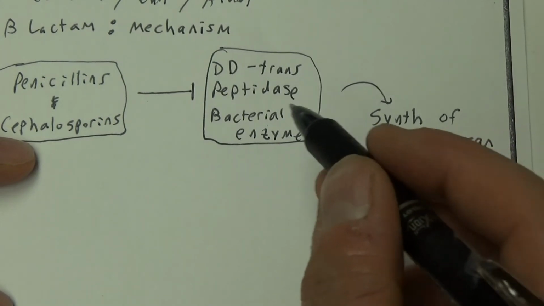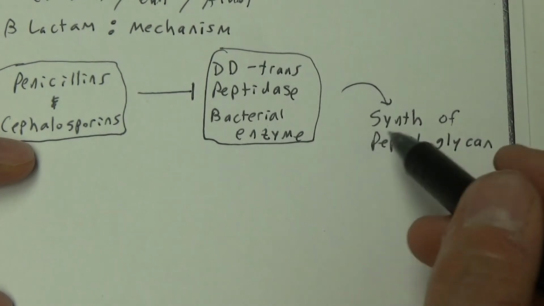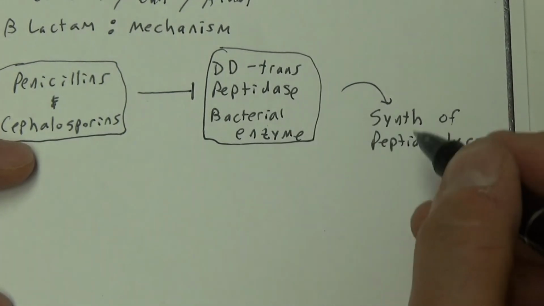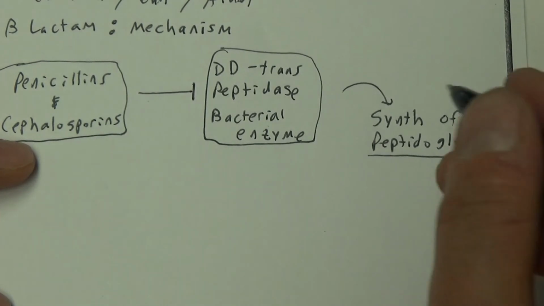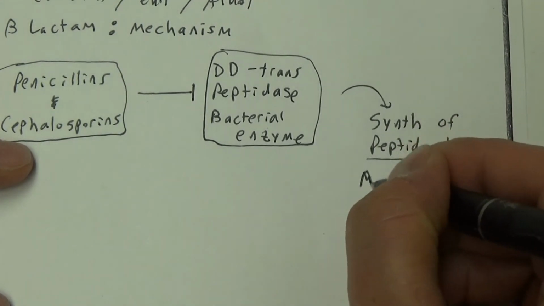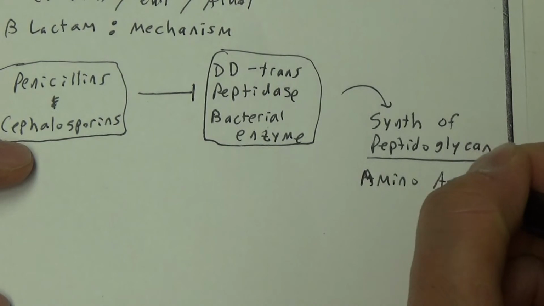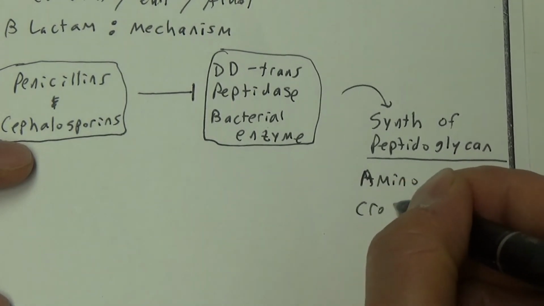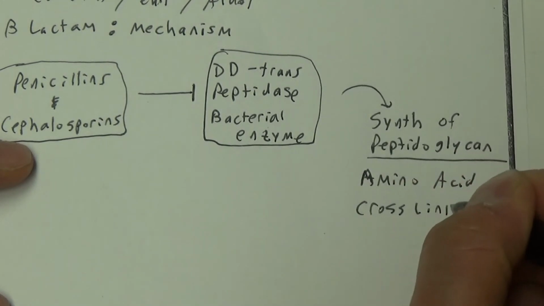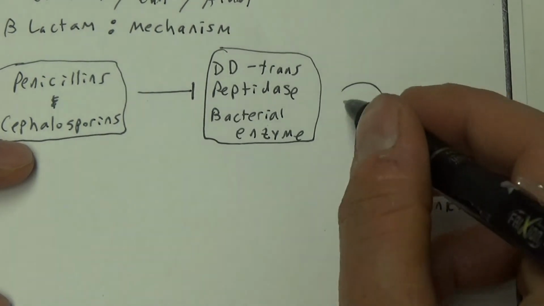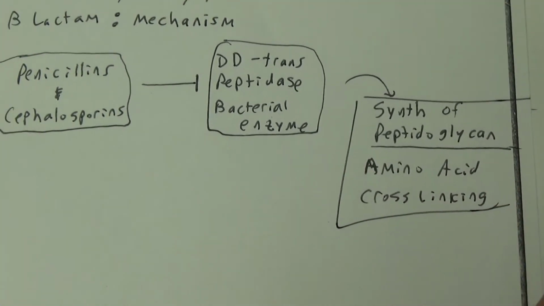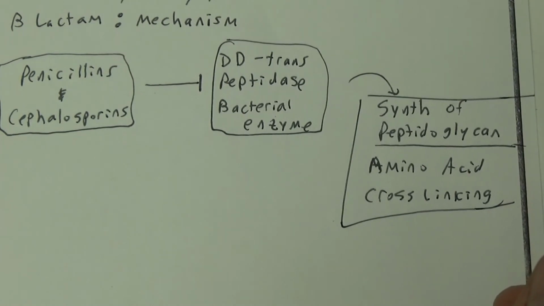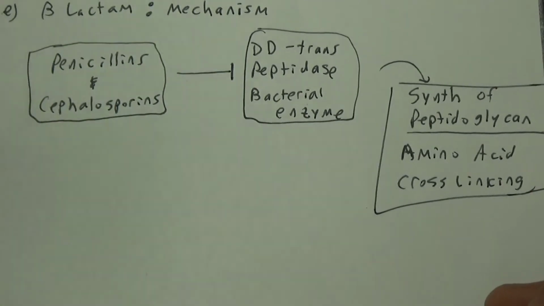And the enzyme assists in this cross-linking effort. We'll see what that is in a second. So amino acid cross-linking. That's a good summary of it. And it builds this matrix, like an impermeable matrix. That's at least the goal of the bacteria. Okay, so that's what it does.